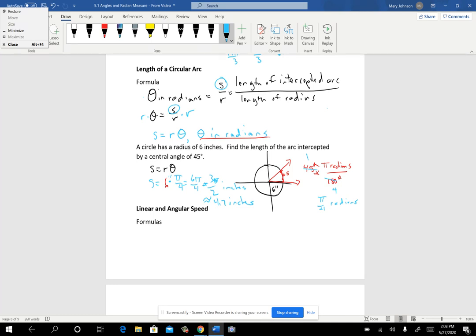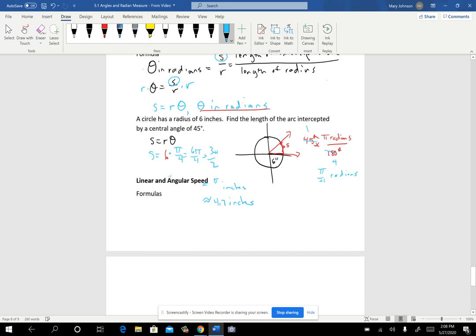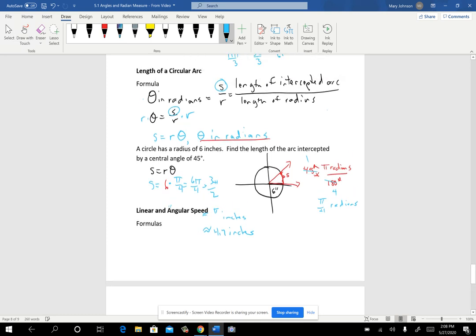All right. Now, we're going to do a problem that looks at linear and angular speed and their relationship. So I want to kind of develop the formulas for that. So this is 3 pi over 2 inches, which is about 4.7 inches.